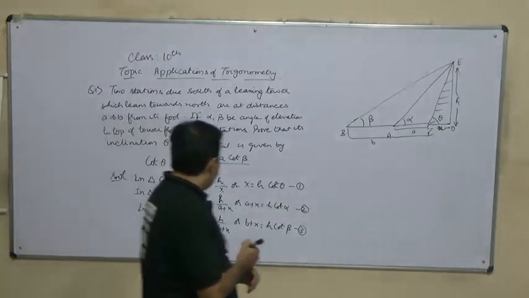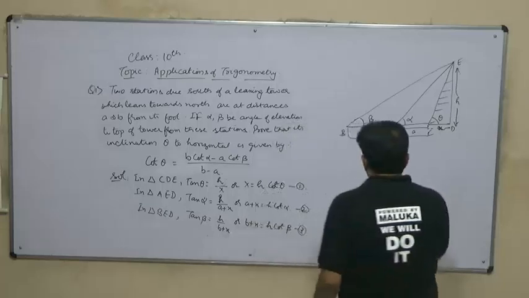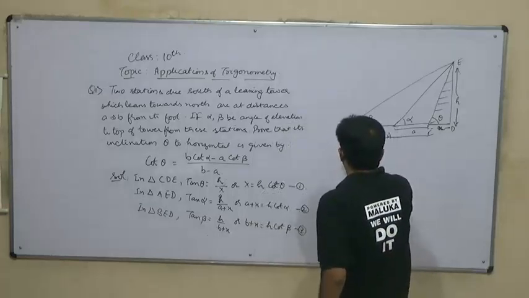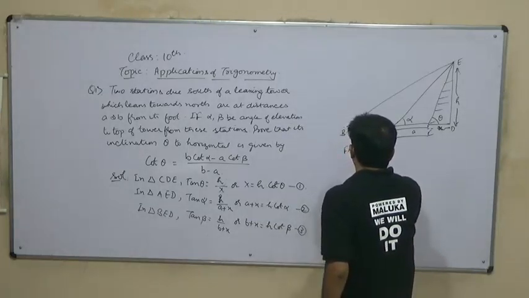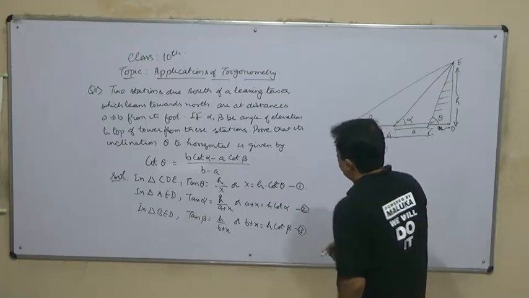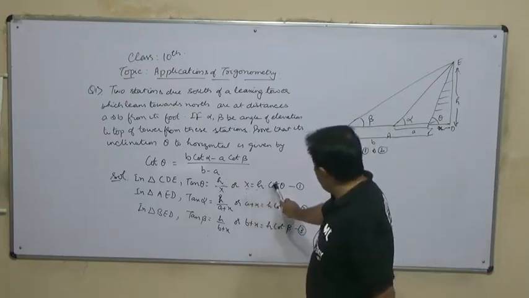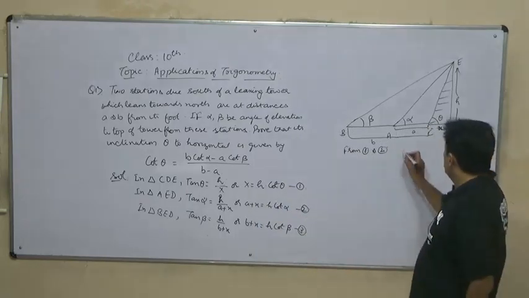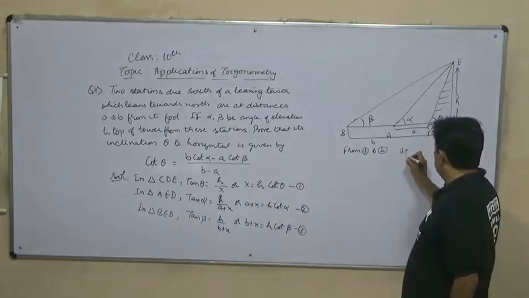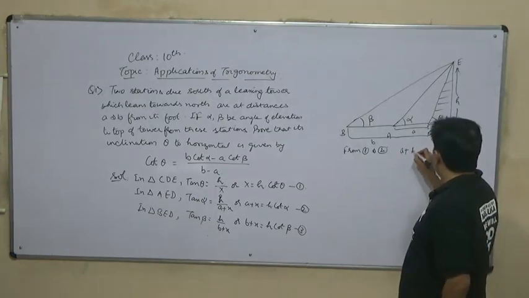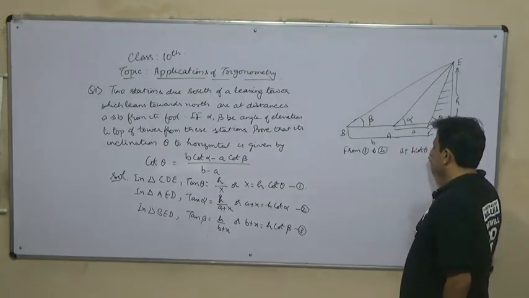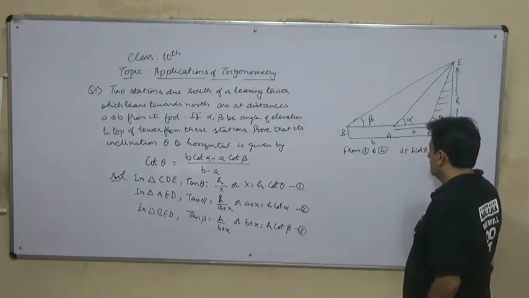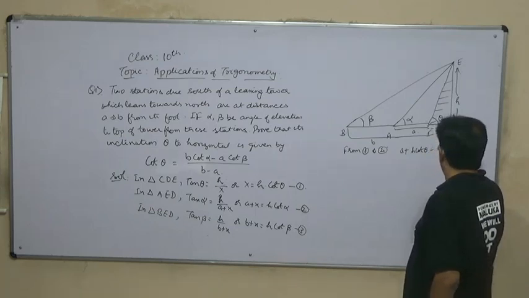Now from 1 and 2, what do we do? We put the value of X from 1 into 2. So A plus X, that is H cot theta, is equal to H cot alpha.